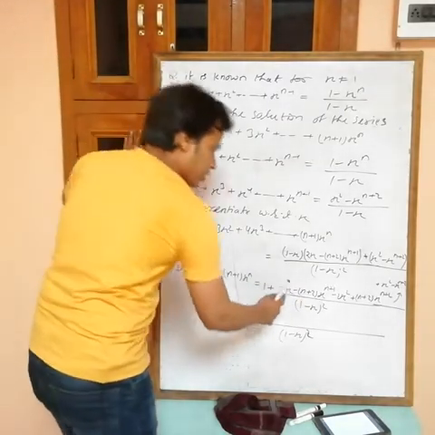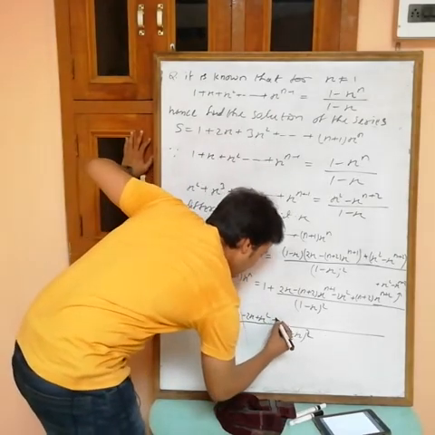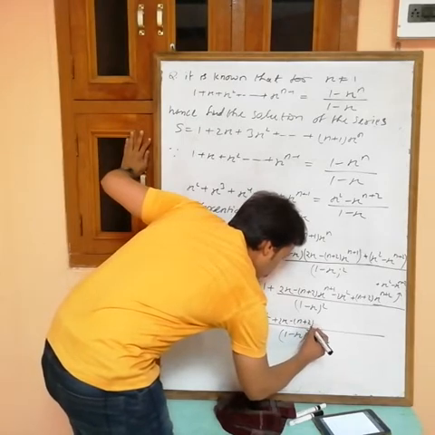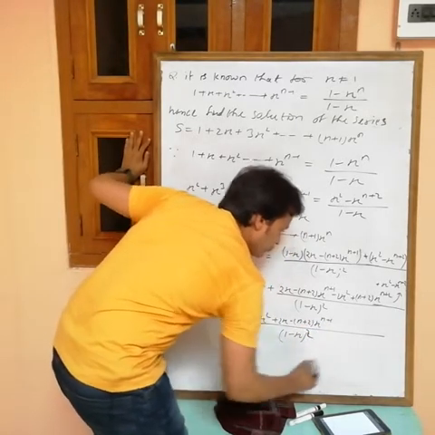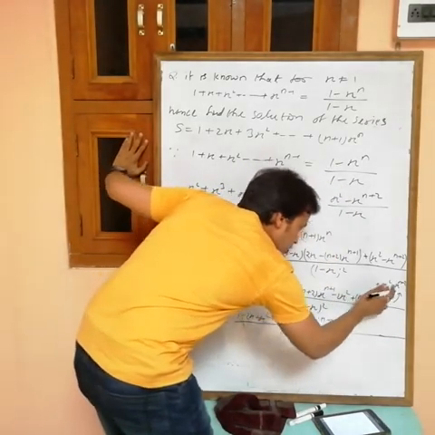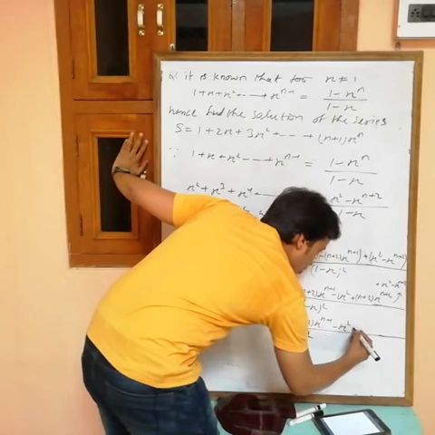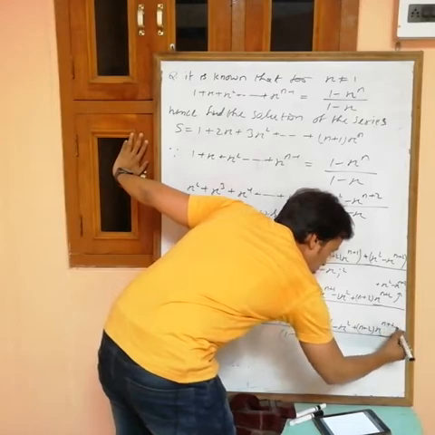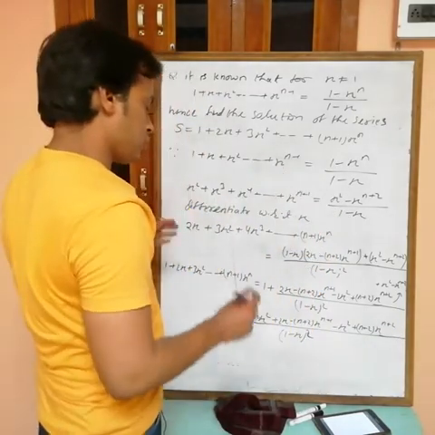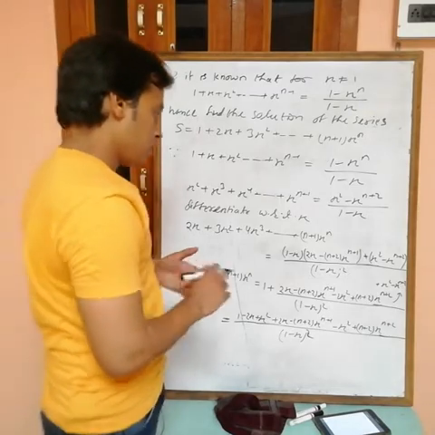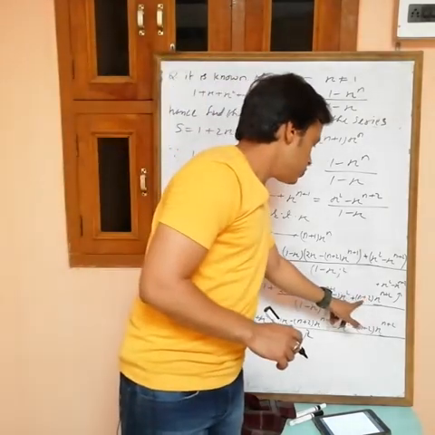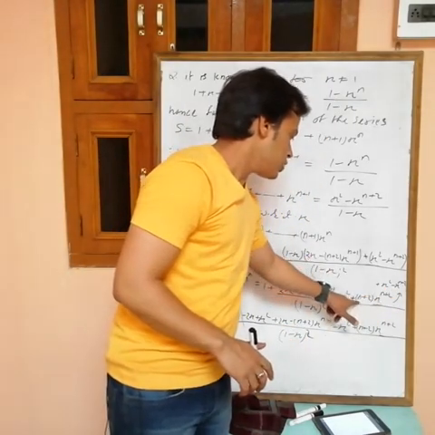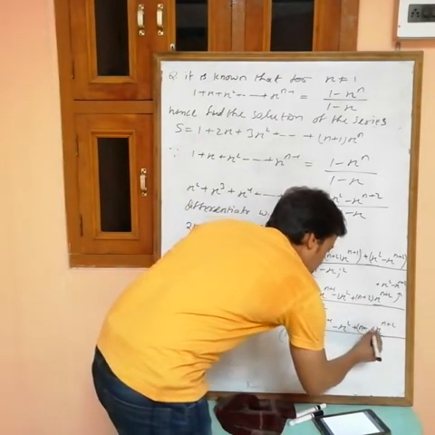And here what we have: plus 2x minus (n plus 2) into x power n plus 1, minus 2x square plus x square is minus x square, and plus (n plus 2) x power n plus 2. Now see, this one into x power n plus 2 and minus x power n plus 2. So if you take common x power n plus 2, minus 1, it becomes n plus 1.